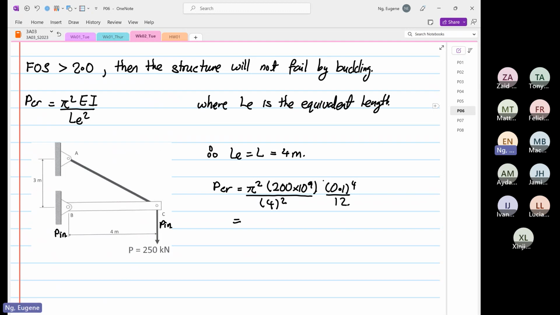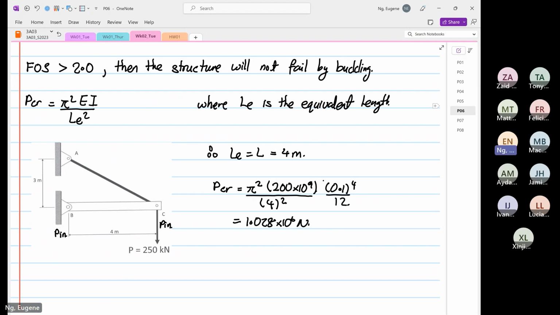The critical load becomes pi squared times 200 times 10 to the power 9 times 0.1 to the power 4, divided by 4 squared divided by 12, which is equal to 1.028 times 10 to the power 6 Newton.